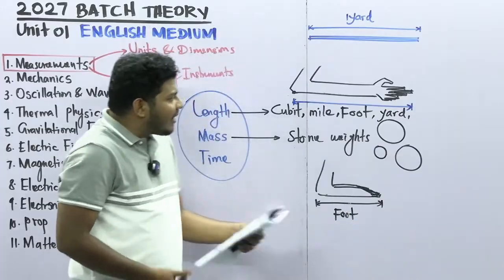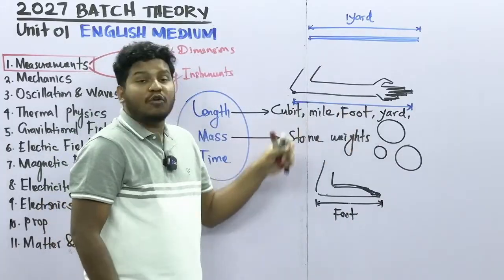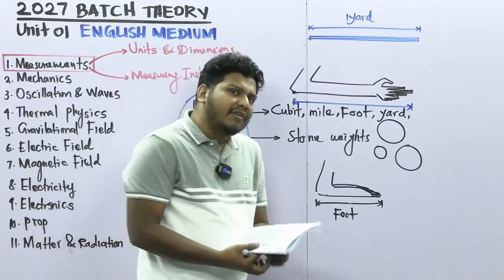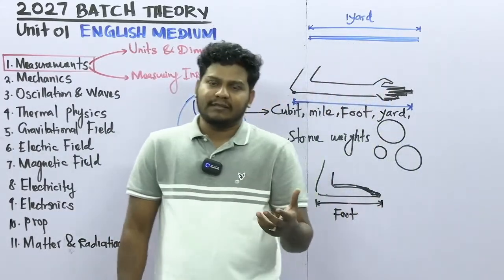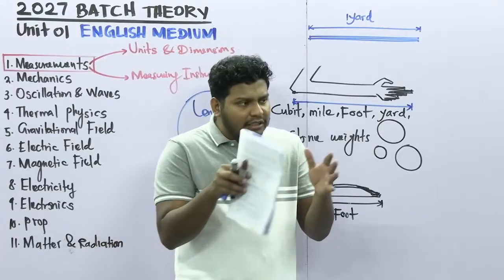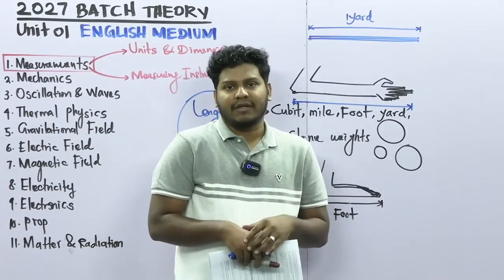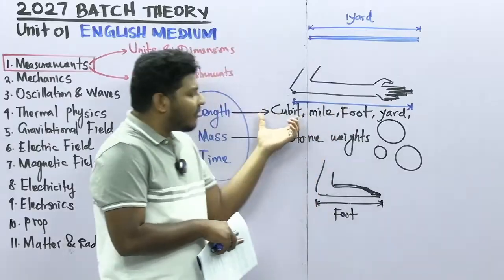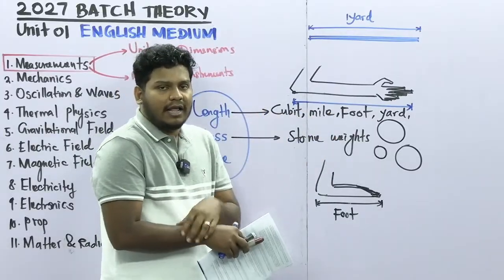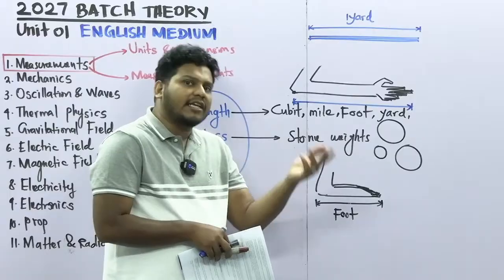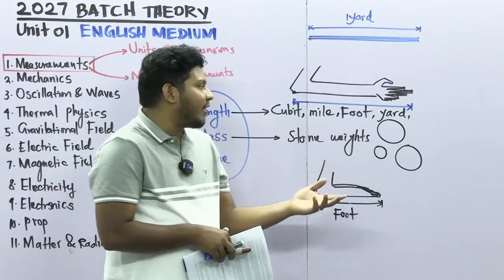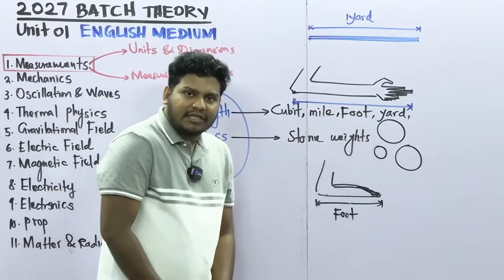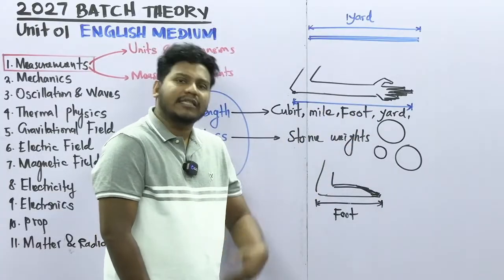Before, they used the foot and the cubit. What is the problem with the foot and the cubit? When you are using the foot and the cubit, it can change from person to person, right? For me, the cubit is different from this point to this point. If someone takes another measurement, that will also be different. My foot is different from another person's foot.